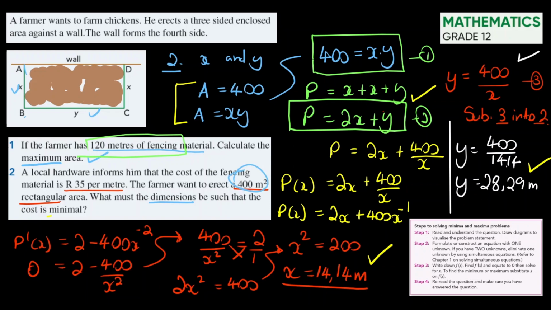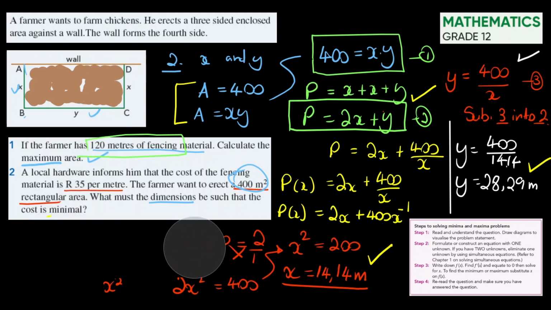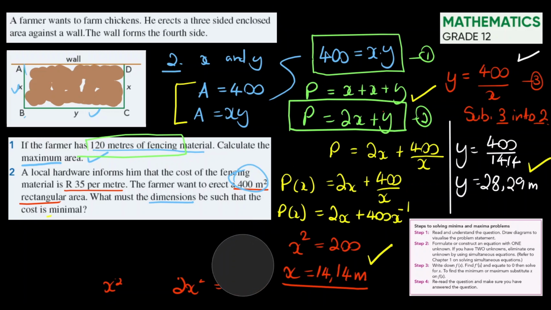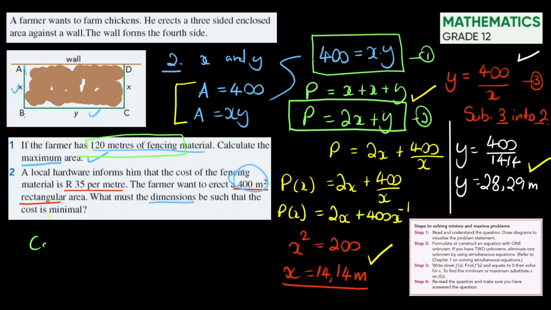In that way we would have answered the question. And if the question had asked us something else, like to calculate the total cost, this minimal cost they're talking about, the cost will be equal to the price times the perimeter.